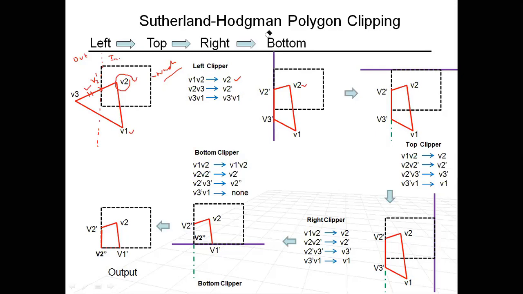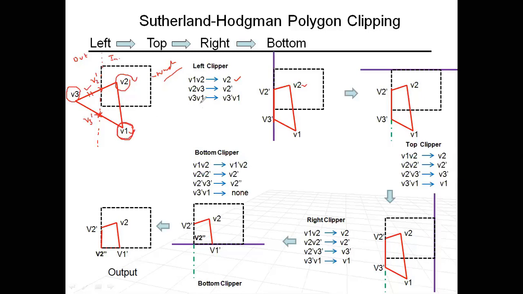Fine. Now we will move from v3 to v1. v3 is lying outside and v1 is lying inside. So when we are moving from outside to inside, we save the intersection, that is v3 dash, as well as the second vertex, that is v1.